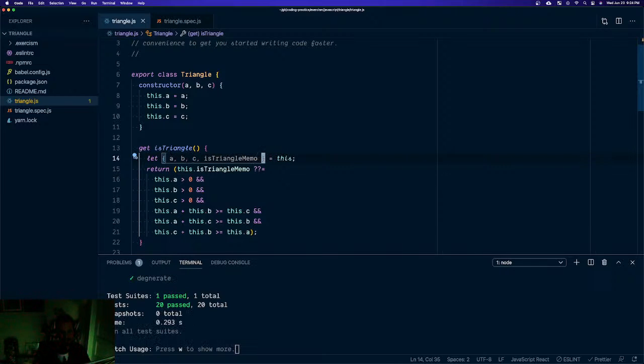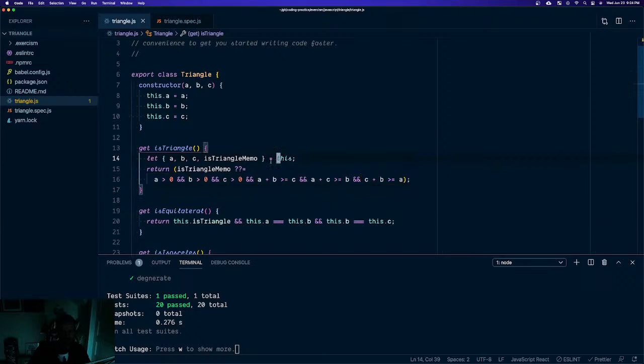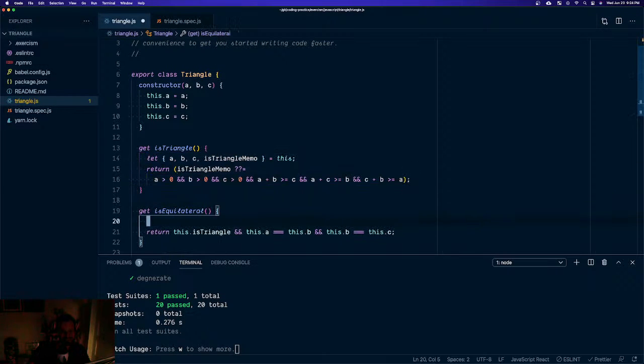Boom, destructured off this. Yes. Oh, I don't know if it works or not. I didn't do this yet. Oh, shorten that right up. Oh, it feels good. Feels good, doesn't it? Feels so good.